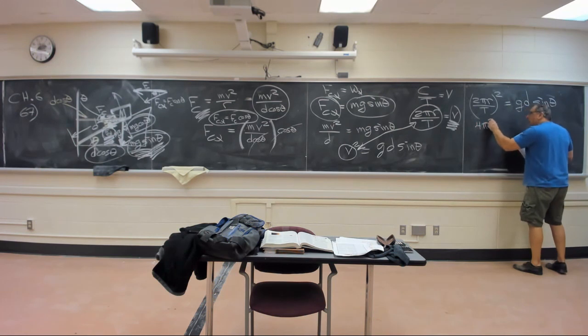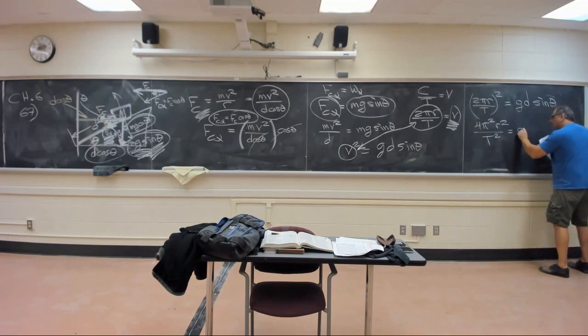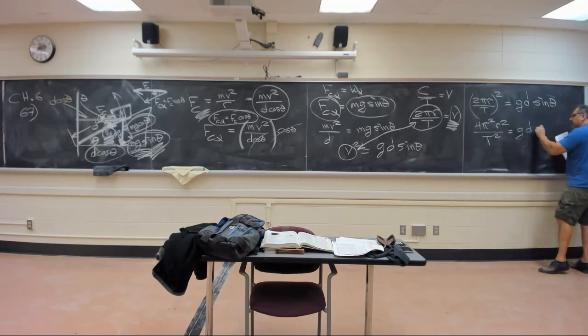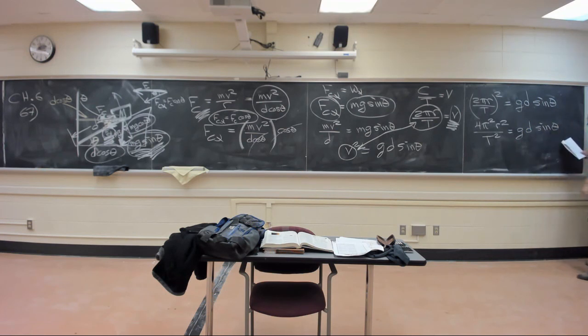Well, keep doing it. Square the 2, square the pi, square the r. DG, DG, GD, DG, who cares? I mean, that's fine as long as it's there.